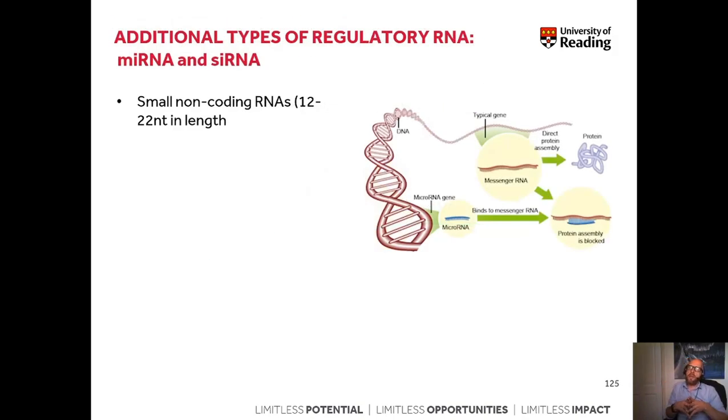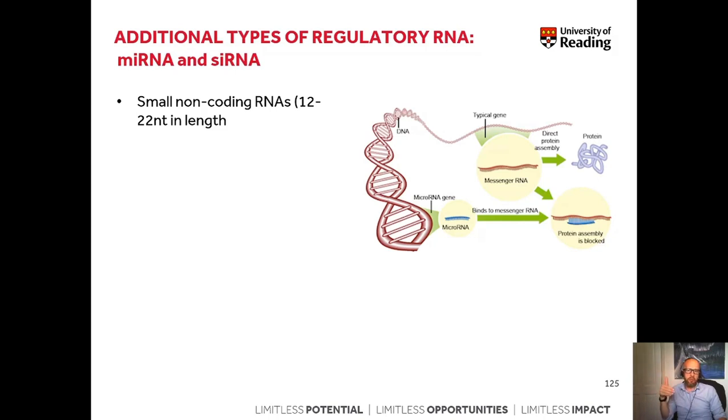Good, so as I mentioned before, there are three most common types of RNA in our cells, but there are also quite interesting small RNAs present in our cells. They are not that commonly referred to, and you might not have heard about those before at school. Those are very small non-coding RNAs.